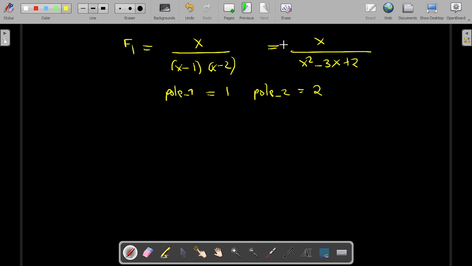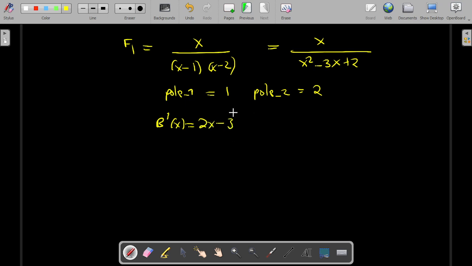So here we have x divided by x squared minus 3x plus 2. Now the first thing we want to do is find the derivative of the polynomial b, which is our denominator. So b prime of x is going to be equal to 2x minus 3.